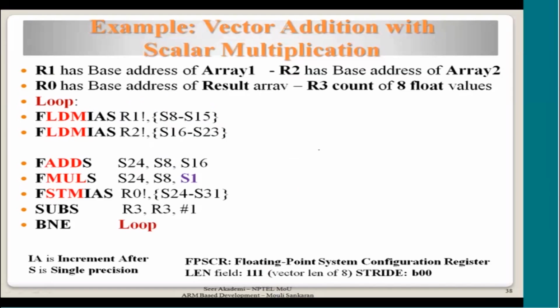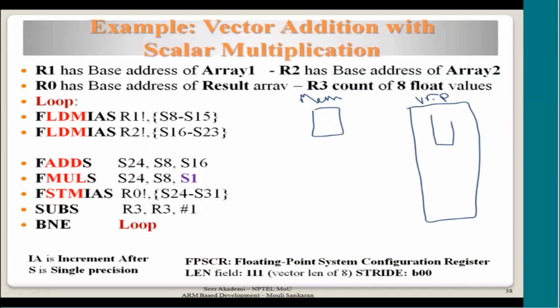So what happens is, you see memory. Okay, if you understand this, then you will know how the floating point processor works. Okay, VFP. I have a vector set of registers, S8 to S15. Okay, this is what it belongs to. Which bank? Bank 1.